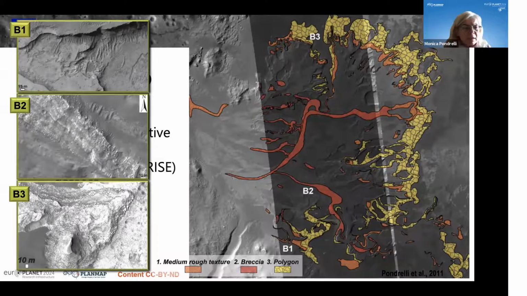Again, these are characteristics that can be objectively observed, so there is no interpretation in here. This should actually be the base to realize later a geomorphological map with interpretation of the genetic origin of these rocks.